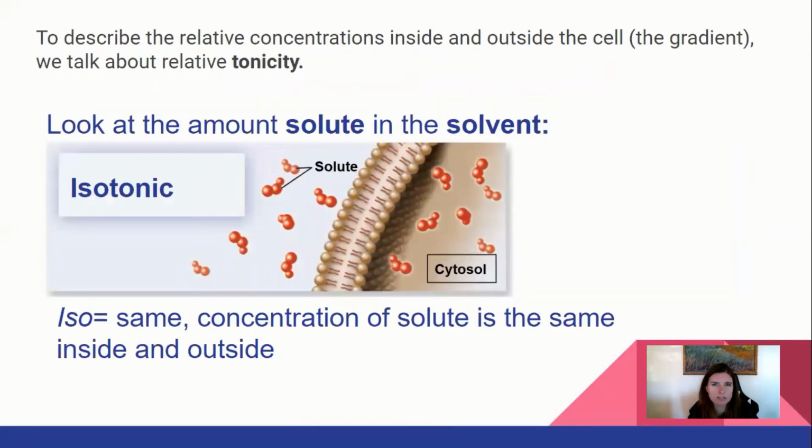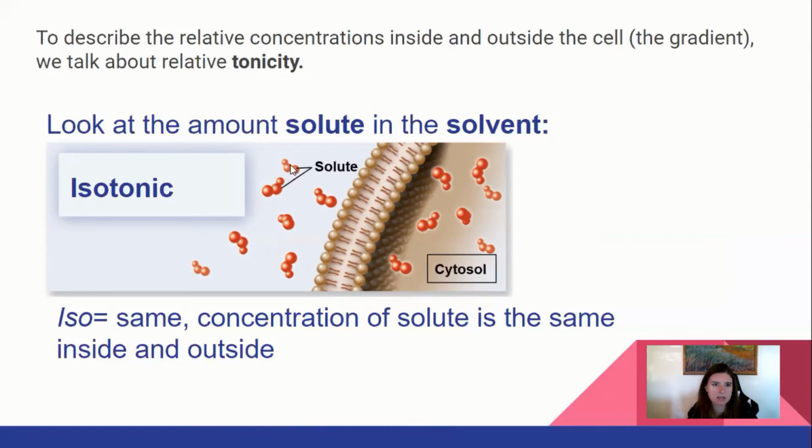When we talk about these gradients, it's helpful to name what type of gradient we have. So there are some words that just refer to where you have the concentration of the solute. Remember that the word solute means something that's dissolved in water. So that's our little particle dissolved in the water.